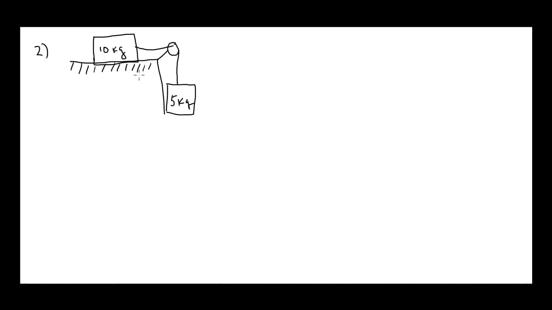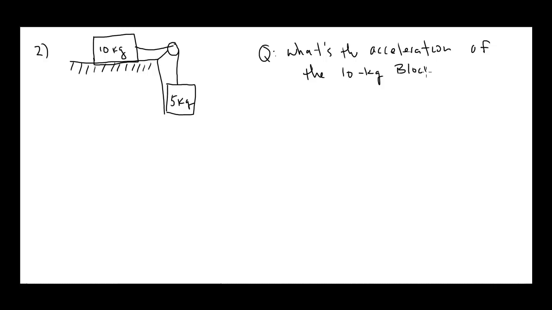And now the question I put to you, like we did in class, was what's the acceleration of the 10 kilogram block? Okay, that's the question. This is what we're going to try to determine here. What is the acceleration of that 10 kilogram block?